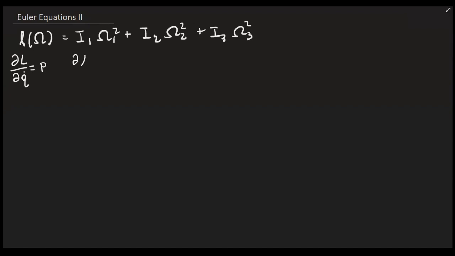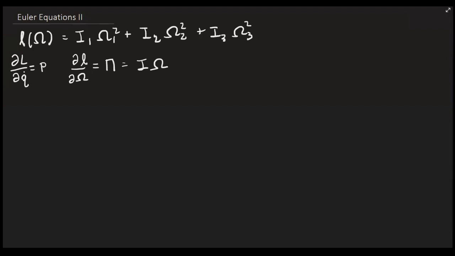We're going to say the derivative of L with respect to omega is pi, where this pi is the body angular momentum. Pi is just the moment of inertia tensor in principal axes space, which is just a diagonal matrix with I1, I2, and I3 on the diagonal.